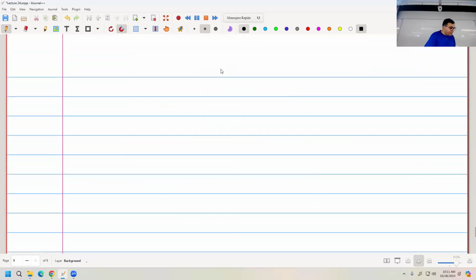Okay, I want to prove one more theorem. This is Wilson's theorem. Actually, I have to say this: Wilson didn't actually prove this. Wilson just guessed that this holds, and then I think if I remember correctly, Lagrange proved it.